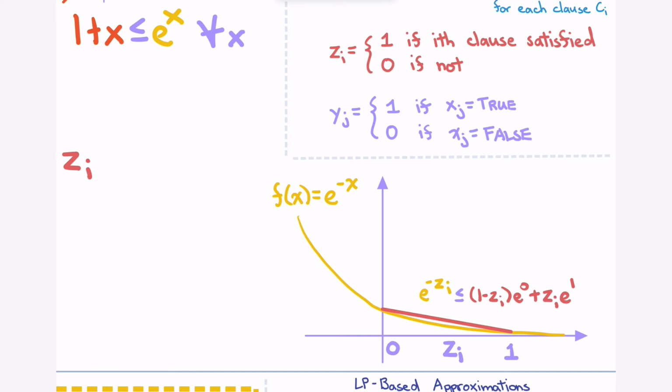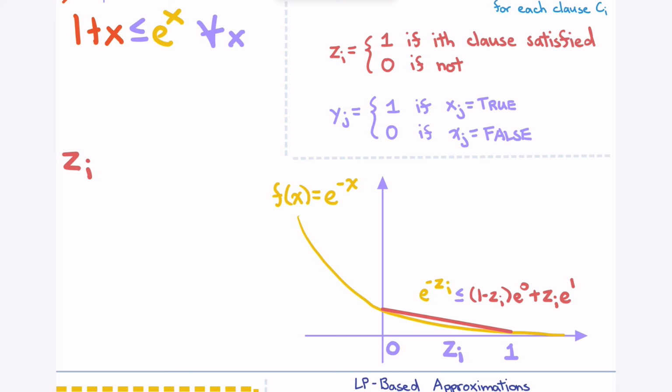And that means if you draw a line between any 2 points, the whole line will lie above the curve. Okay? So if I look at where zi is between 0 and 1, then e to the negative zi will be at most the equal place on that line.